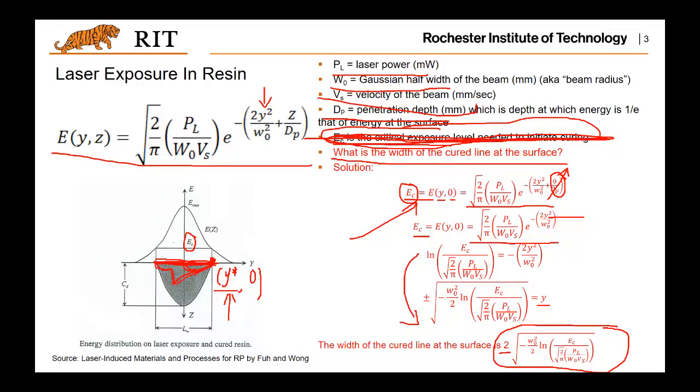If it is given this length, you need to divide it by 2, such that that will be the y coordinate at this point. That's the only trick here, and other than that, there's nothing special. Basically, you just substitute the y coordinate at this point, and because z equals 0, this term is nothing. And it turns out you will have the EC, right?